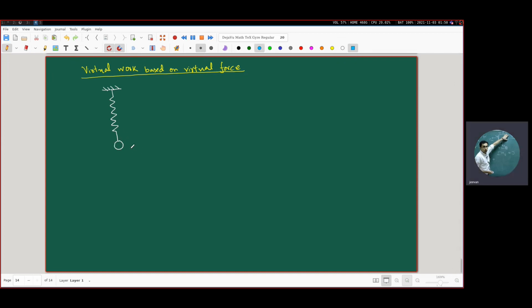and here we are going to impose this delta P. We are again going to isolate this mass out and say that this delta P is here.